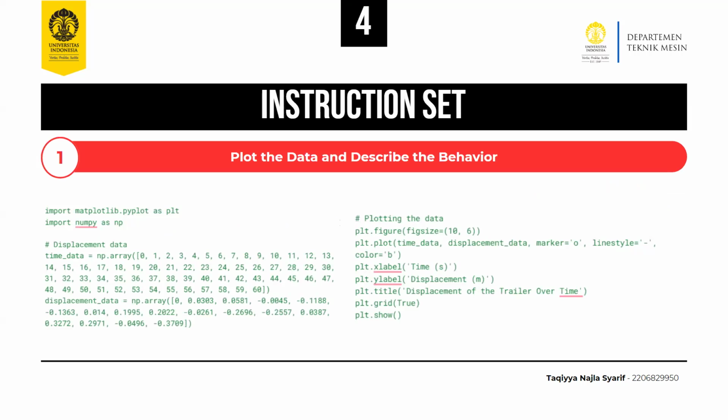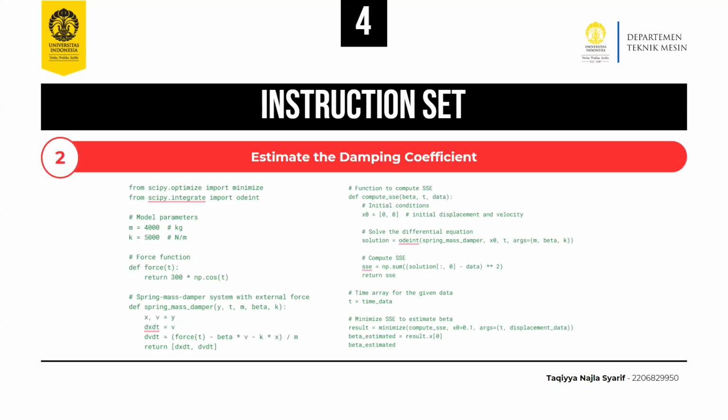This is the instruction set. Step 1 is to plot the data and describe the behavior. Given the displacement data over time, plot the data to visualize the trailer's behavior. Here, I use Python. We're going to describe the behavior. From the plot, describe the oscillatory behavior of the trailer, noting the amplitude and frequency of oscillation and any trends over time.